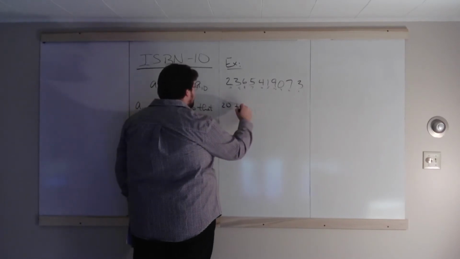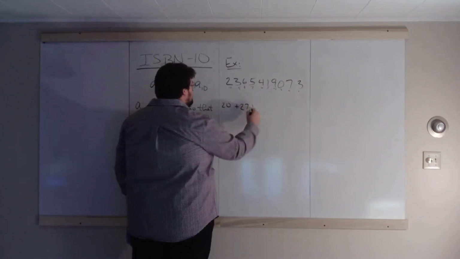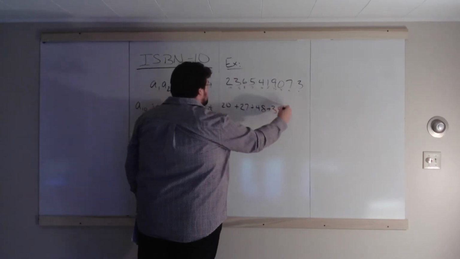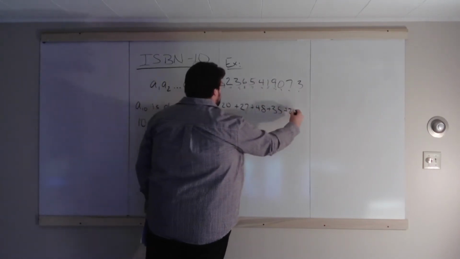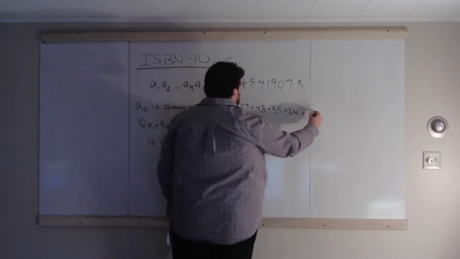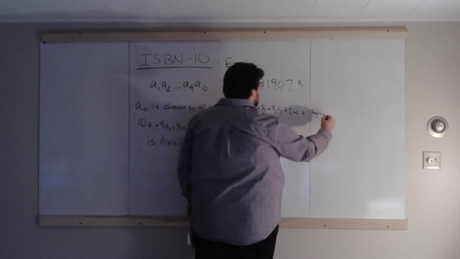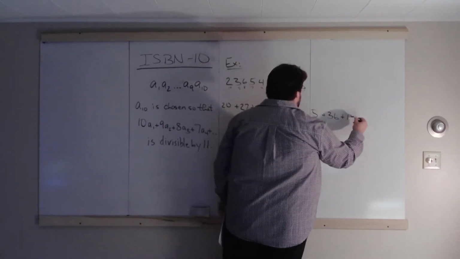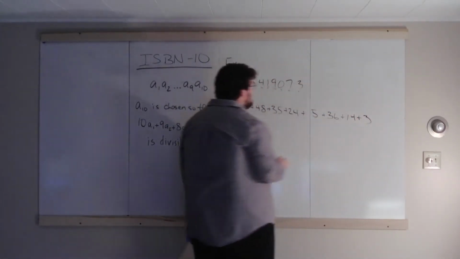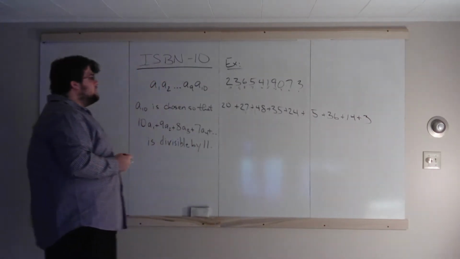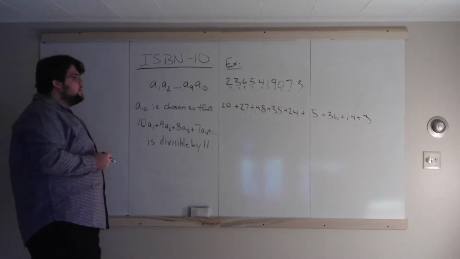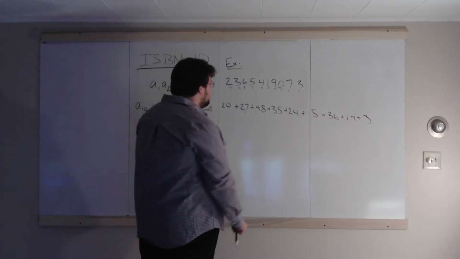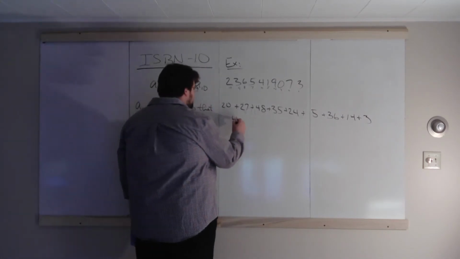No, whatever. 20 plus 27 plus 48 plus 35 plus 24 plus 5 plus 36 plus 0 plus 14 plus 3. So this is valid if this is divisible by 11. Wow, these are inconvenient numbers. Well, whatever.